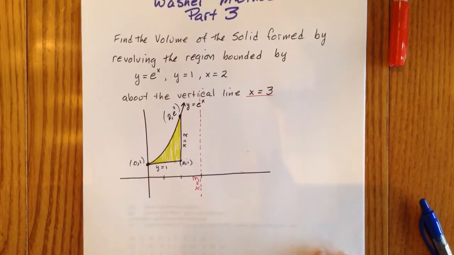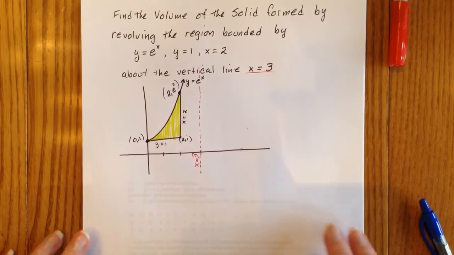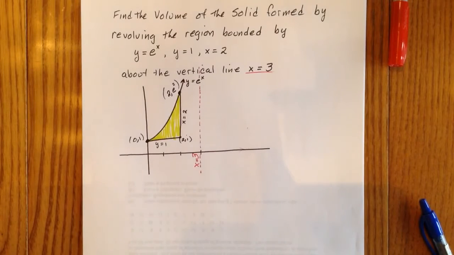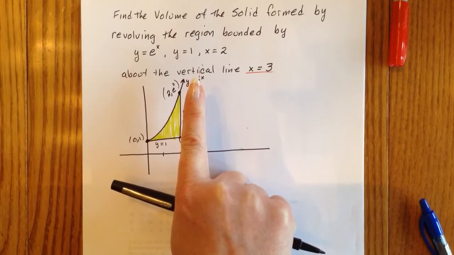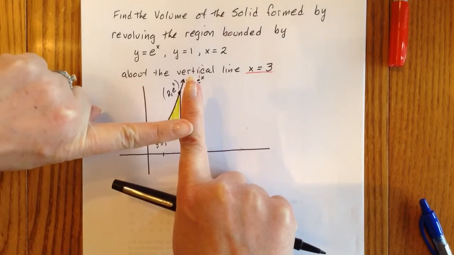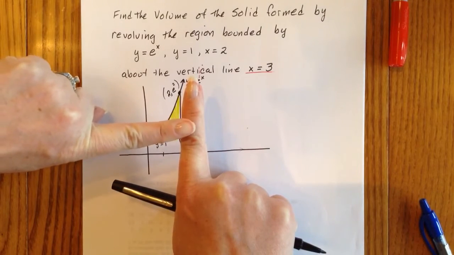If you recall, from the earlier videos on the washer method, we have a very strict rule. If the axis of revolution goes one way, the representative rectangles that we draw in must be perpendicular to it.